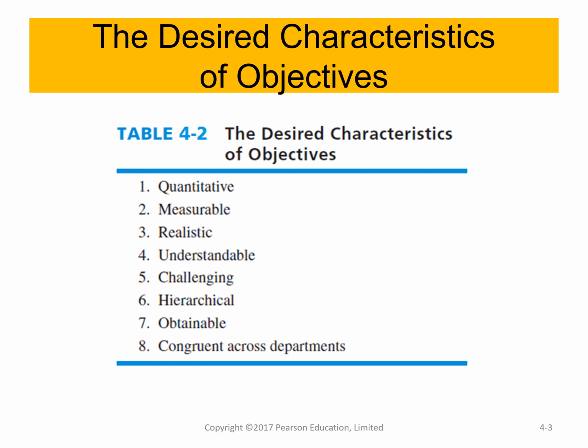The objectives must be challenging enough, must have a hierarchical characteristic, must be obtainable or reachable, and must be congruent across the departments and contribute to the growth of the organization.